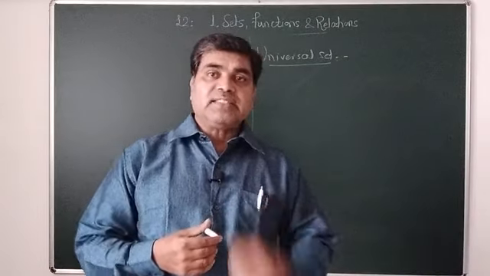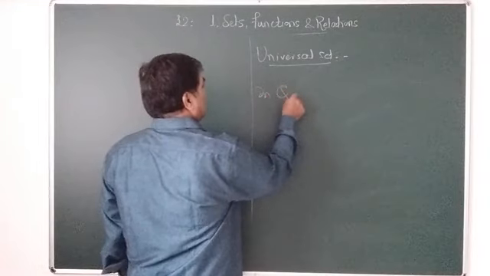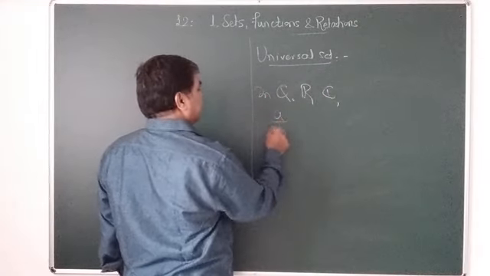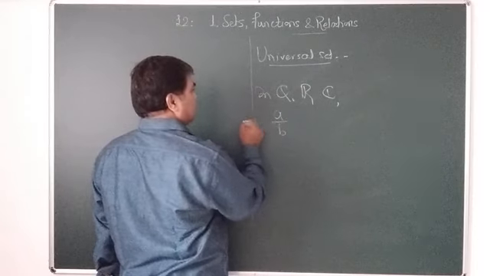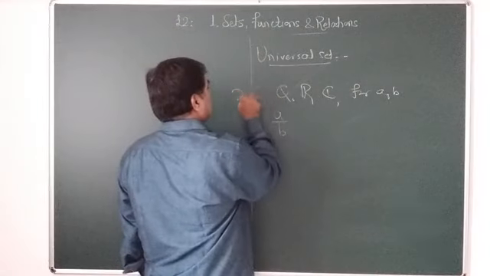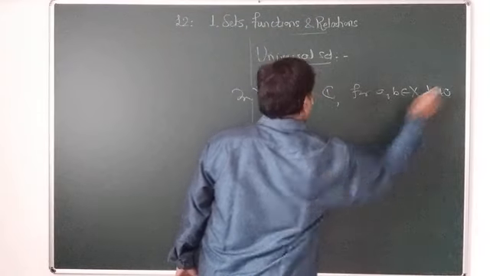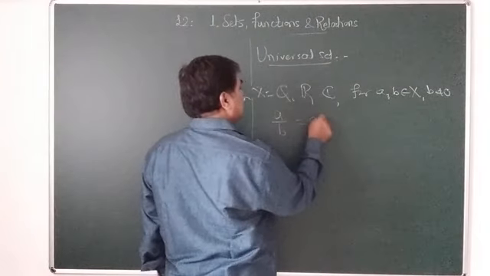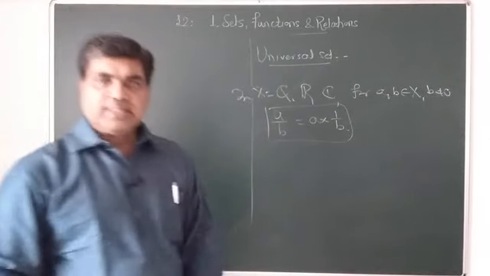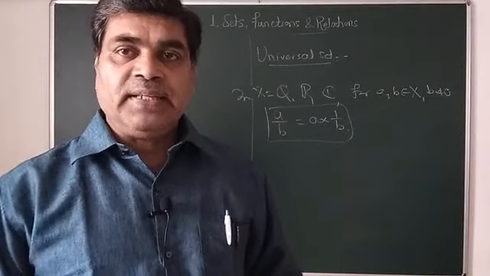Because what is happening in the set of rational numbers or real numbers, in Q, R, C, A divided by B, for A, B belonging to X, B not equal to 0, A divided by B is the same as A into 1 by B. So I can express division with the help of multiplication, and that's why division has no meaning there.